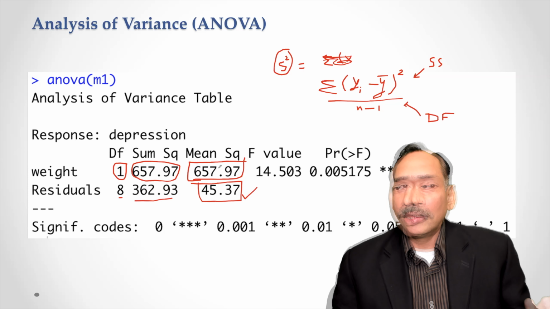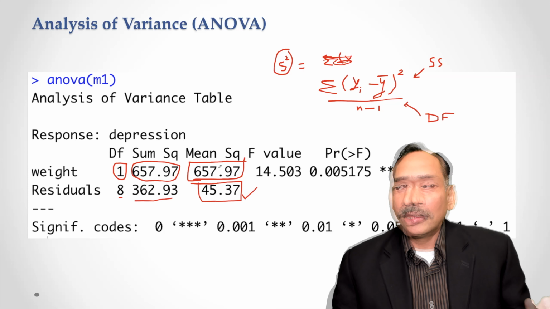This 14.503 as F ratio, based on the F distribution, looks statistically significant. So that means our model has some worth. The model is useful.